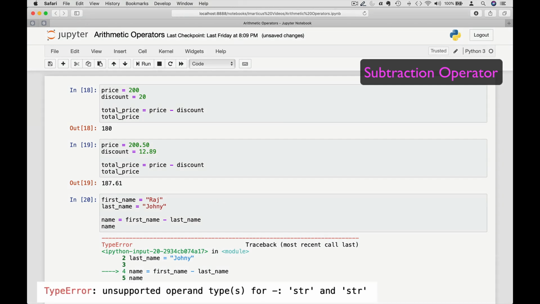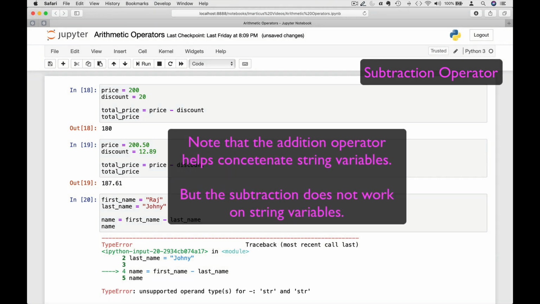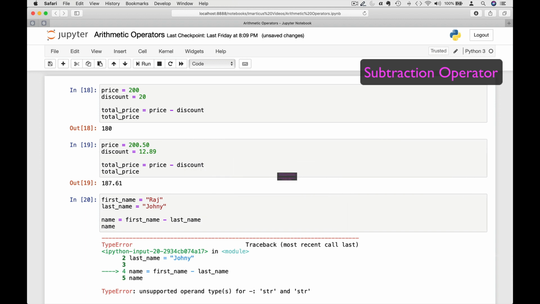Obviously, it does not make any sense to subtract two string variables. So please note, while the addition operator works for integer, float, and it helps in concatenating multiple strings, the subtraction operator can only work on numbers and not on strings.